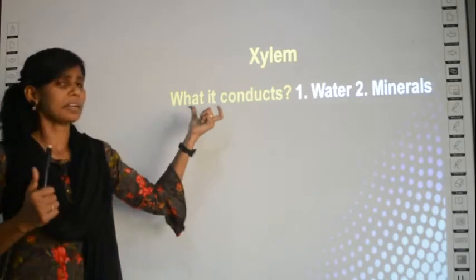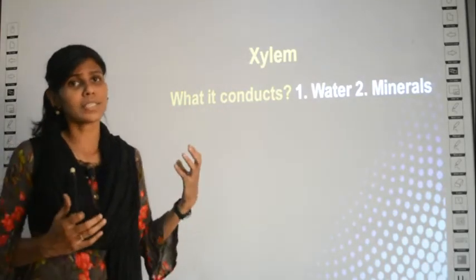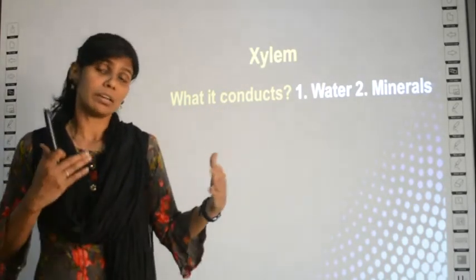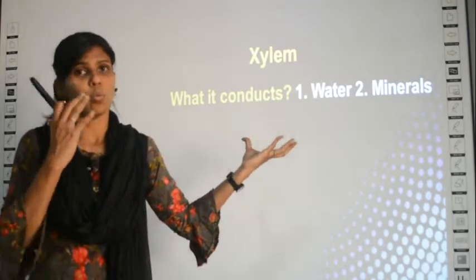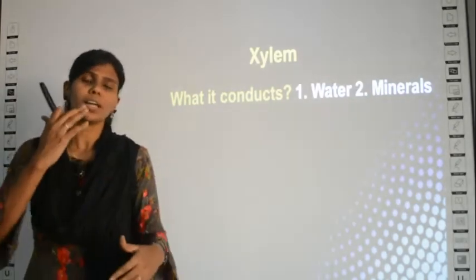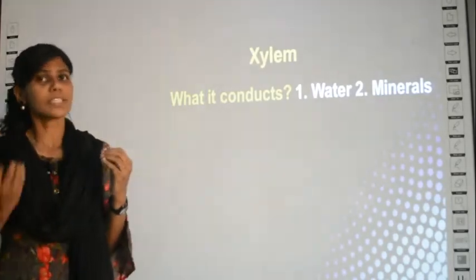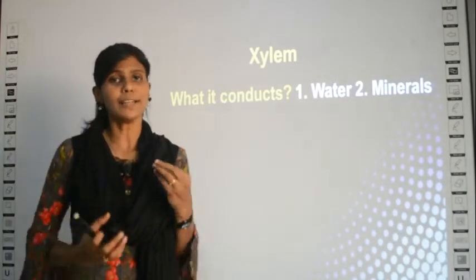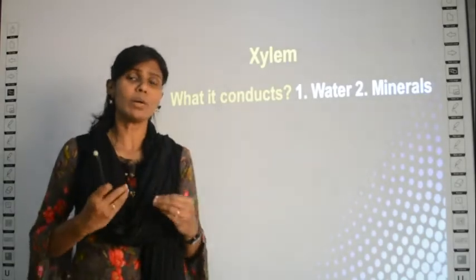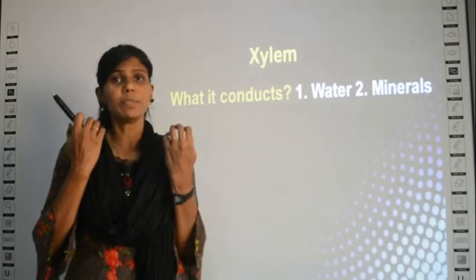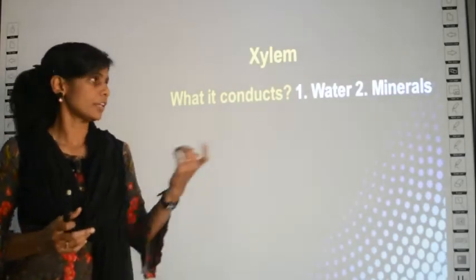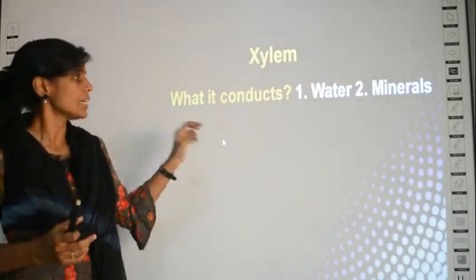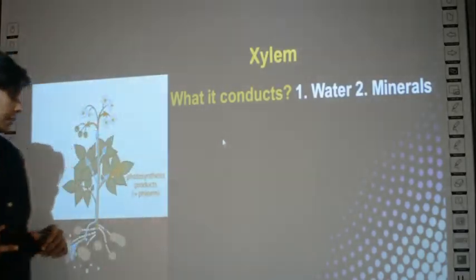Before that, what does a xylem conduct? I have repeated several times that xylem conducts water, right? Along with the water, I also told you that if there are minerals present in the soil, those minerals will dissolve in the water, and when the roots take up the water, the minerals will also go up along with the water. So water and minerals are taken up by the xylem.